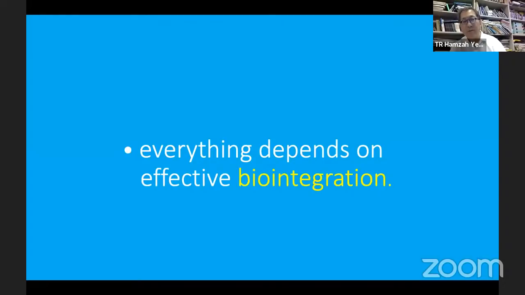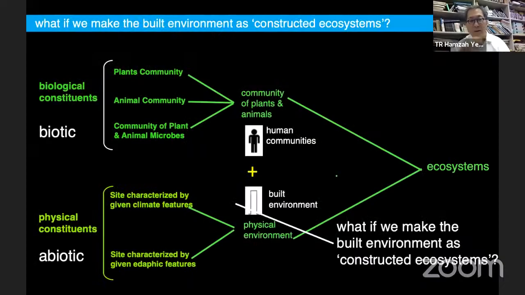So my contention, my second principle, is that everything depends on effective biointegration. Now, this is easier said than done because it's extremely difficult to do this, but this is the objective of designing for sustainability, to biointegrate everything that we make, we do on the planet with the natural systems on the planet. So this is a very important premise underlying our work.